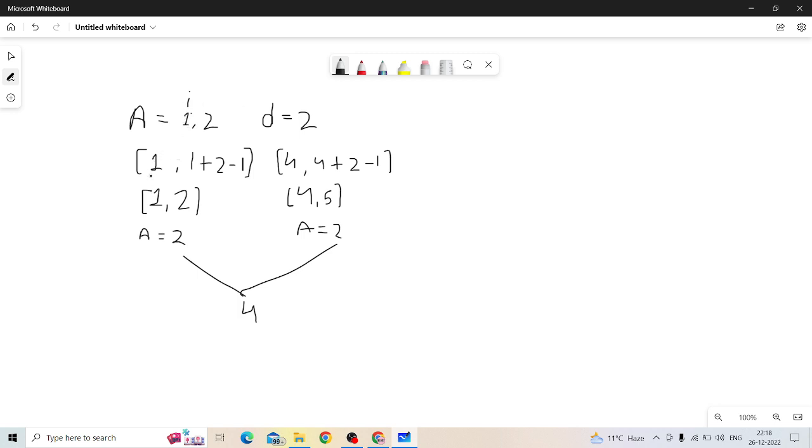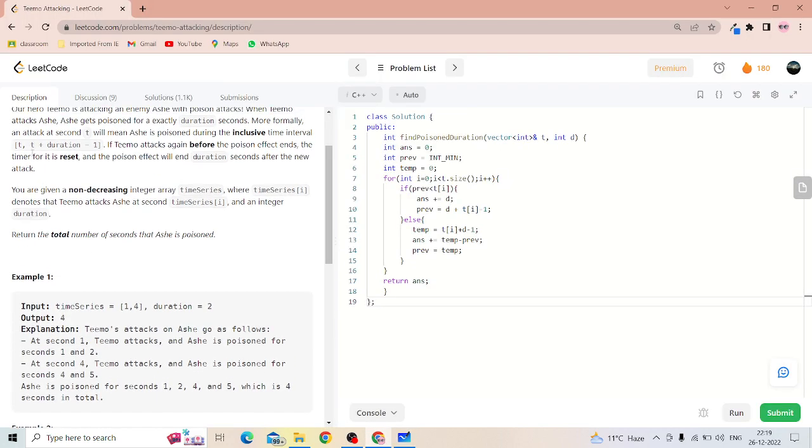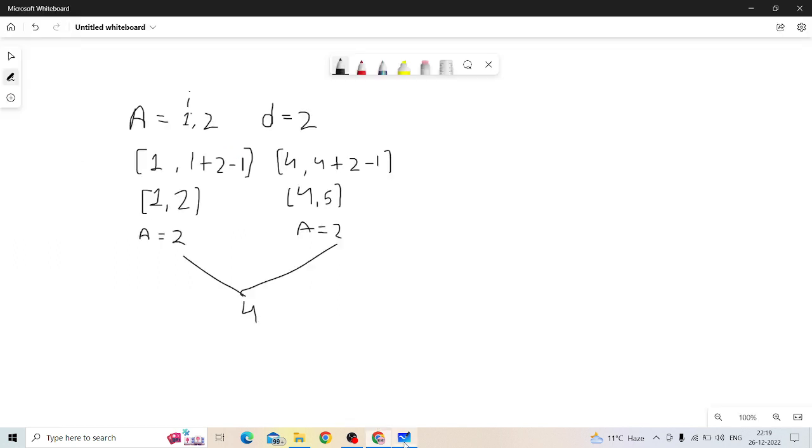Simply from 1 to 1 plus 2 minus 1, which is first plus duration minus 1, as they have given: from t to t plus duration minus 1. So we have used this. The answer is from 1 to 2. So the answer is 2. Okay. For i equal to 0, the answer is 2.